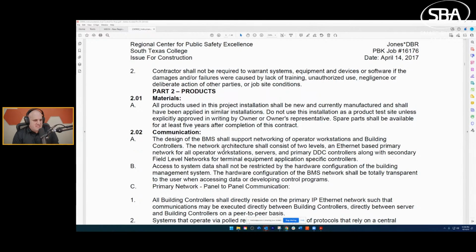But suffice to say, most of the time, products will list out materials. You note that it says spare parts should be available. So basically, they're saying, don't use brand new stuff because it's not a test site, but also don't use stuff that's end of lifing in 2 months. This is not such a big deal on commercial or schoolwork that is going to be executed in a very compressed time frame.